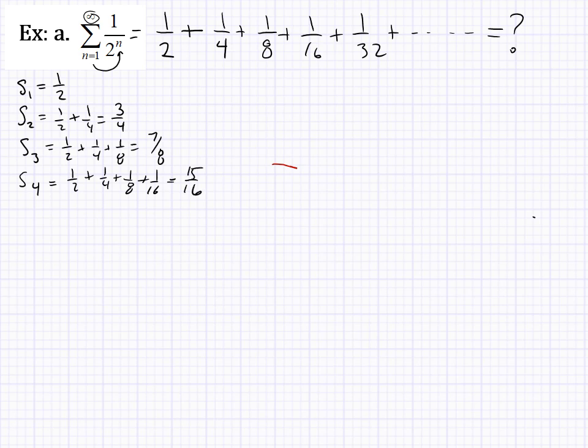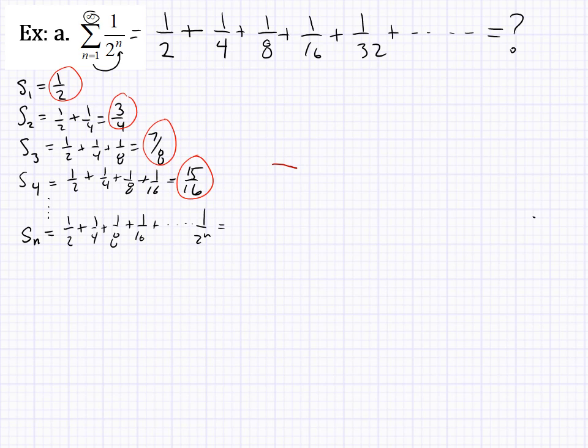Okay? So then if we looked at this and said, all right, what does the nth partial sum look like? If we add up the first n terms, so 1 over 2 plus 1 over 4 plus 1 over 8 plus 1 over 16 plus and so on, up to 1 over 2 to the n. Is there a pattern to these numbers that you're seeing here, such that if I wanted to find, say, the 1,000th partial sum, if I plug 1,000 in for n, would I just get the answer?